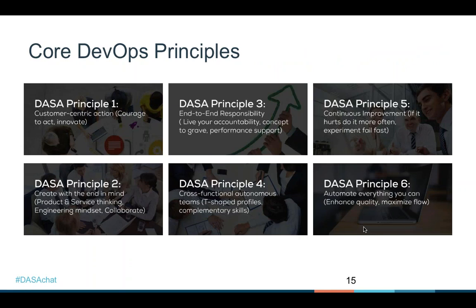Then going to the principles, there are 6 core principles defined by DASA, and in it we try to really focus on the individuals and also the teams in which individuals work together to highlight what kind of behavior, what kind of way of working needs to be established.